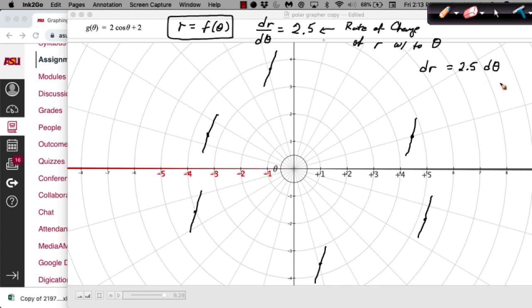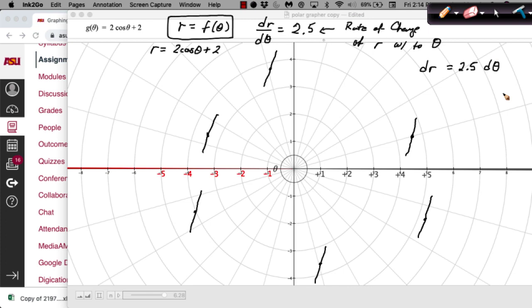For all these graphs we've been doing, for instance, 2 cosine theta plus 2 has a changing rate of change. So we would say for any small change in theta, the corresponding change in r would be 2.5 times that change in theta.